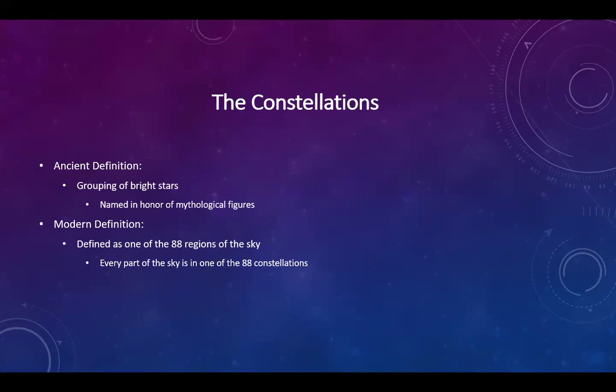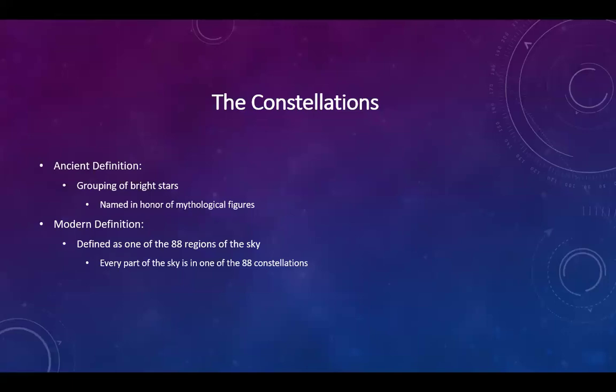We just use constellations that already existed to divide the sky into chunks to conveniently talk about things. Because it's awkward to say, this is 30 degrees up and 40 degrees to the left, when you can say it's in Sagittarius. Though those numbers don't correspond to Sagittarius, I just made them up.